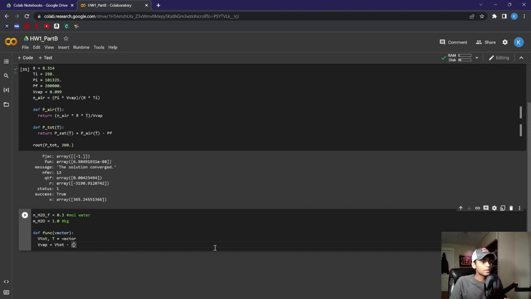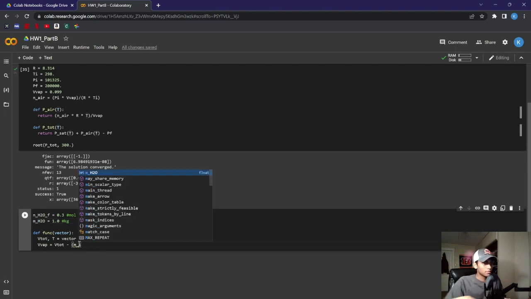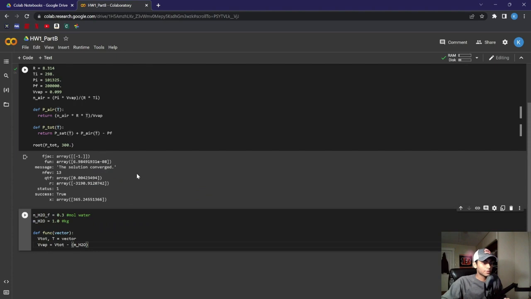And so in this case, we can go our mass of water. You see that I put this over here as 1.0 kilograms already. So our mass of water, let's reference that, divided by 1,000. And that'll give us our volume of the vapor phase.